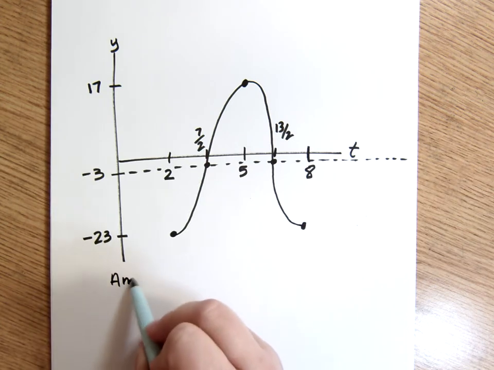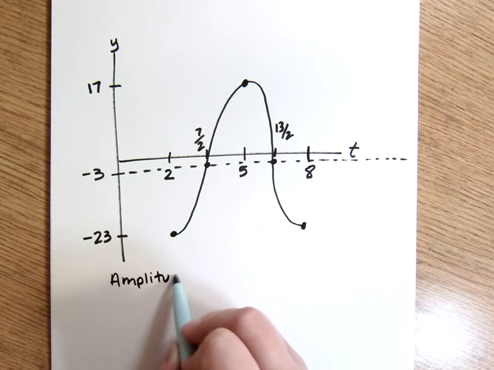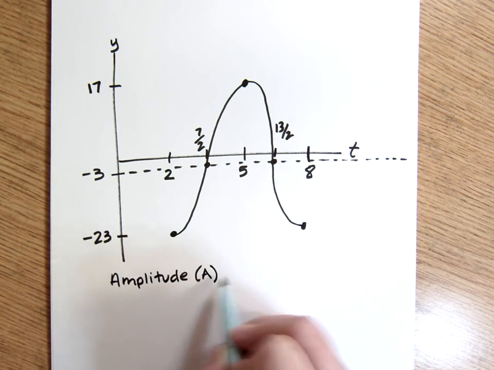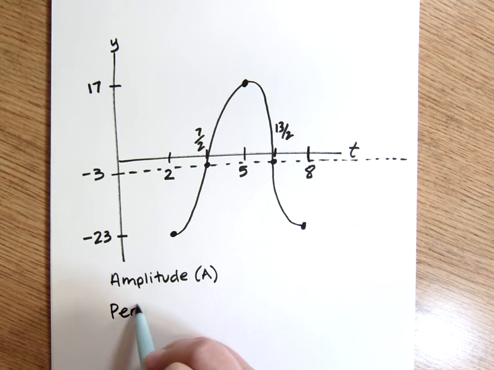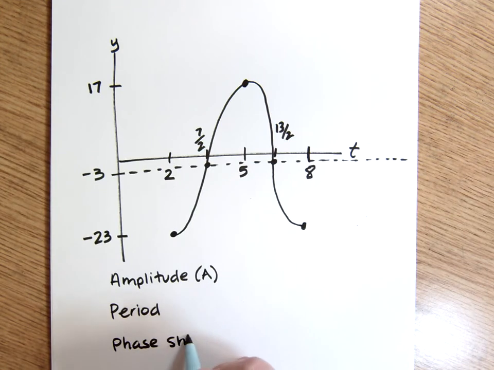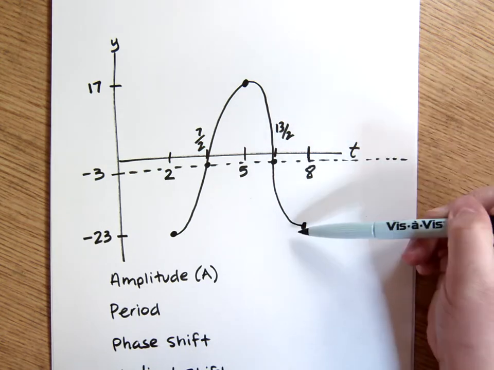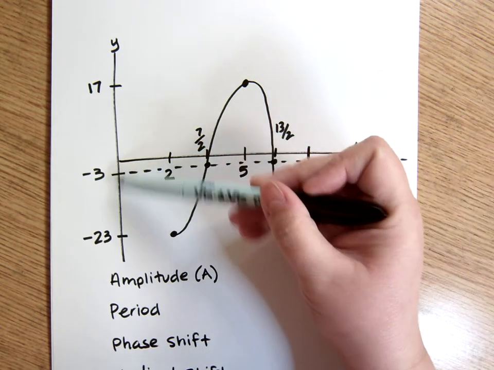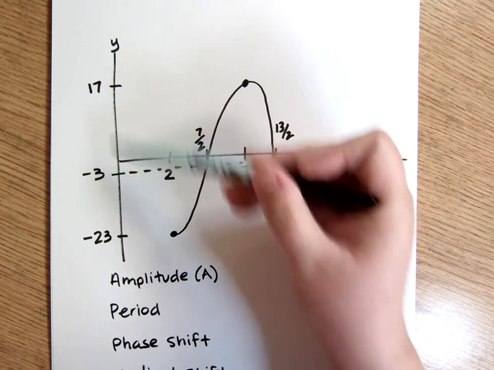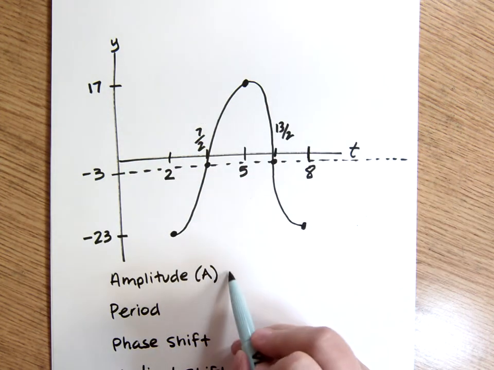The amplitude, that becomes my A. The period I can use to figure out my B. The phase shift is our C. And the vertical shift is our D. Okay, so the amplitude here is how far above the midline we go and how far below the midline we go. So from negative 3 to negative 23 is 20. From negative 3 to positive 17 is also 20. My amplitude is 20.